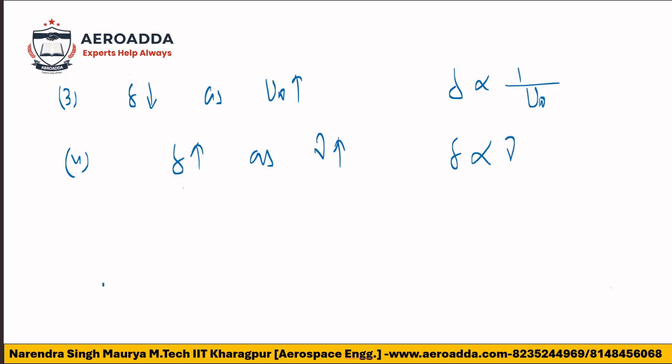And fifth, shear stress tau for laminar is directly proportional to 1 by root x.